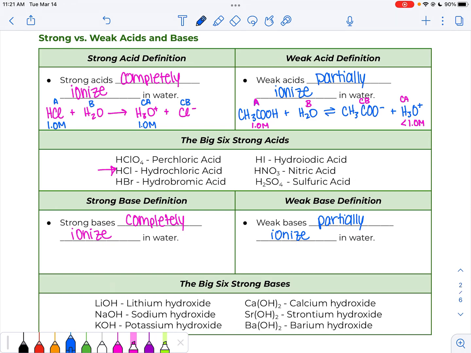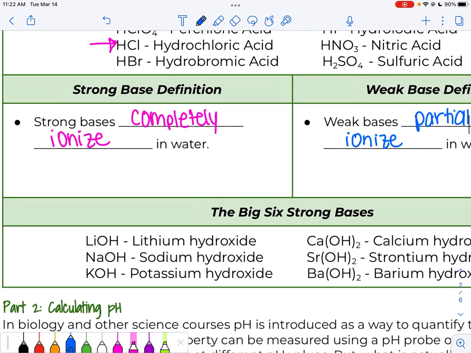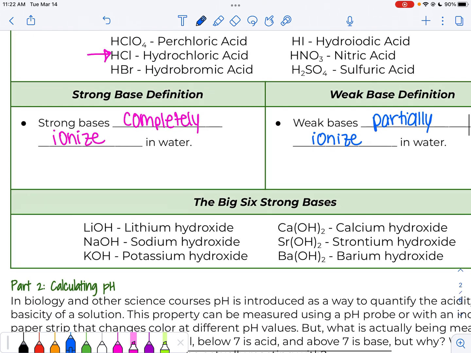So if we want to write out an equation for a strong base, I'm going to pick one of our 6 strong bases that I have in the table right here. Most of your hydroxides are strong bases. They've got that OH on there. They completely dissociate to break apart into their ions. Since we did just recently learn and talk about solubility a lot, you may be thinking, according to your solubility rules, something like calcium hydroxide, we said was insoluble, right?